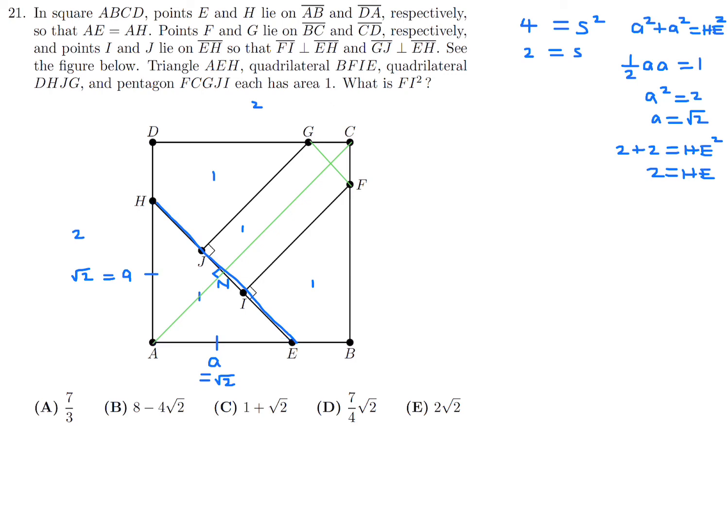So very similarly, 1/2 base HE times height AN is equal to 1, because 1 is the area of that triangle AEH, according to the question. So HE is 2, 1/2 times 2 times AN is equal to 1, so AN is equal to 1. All right, so we're making some progress here.